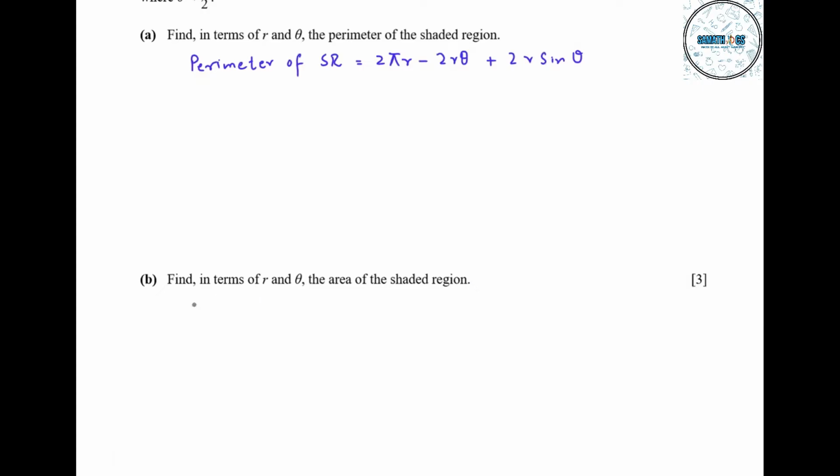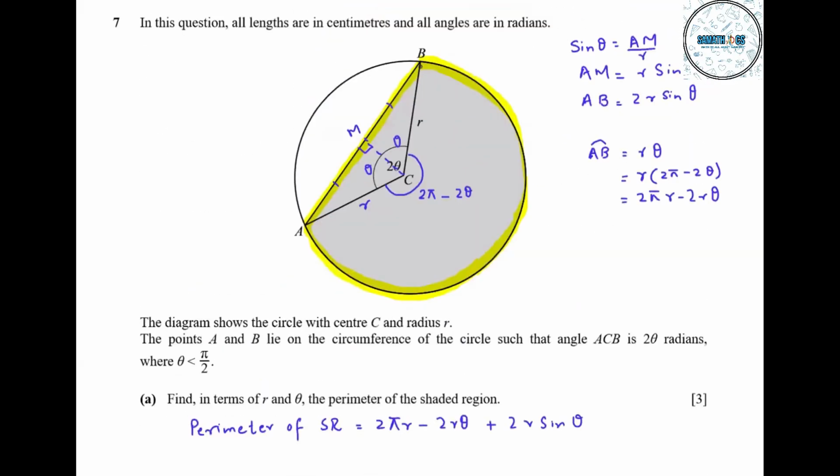In part B, we have to find the area of the shaded region in terms of R and theta. So area of shaded region is equal to area of this triangle plus area of this major sector. For area of this triangle, we can use the formula half into AB sine theta.